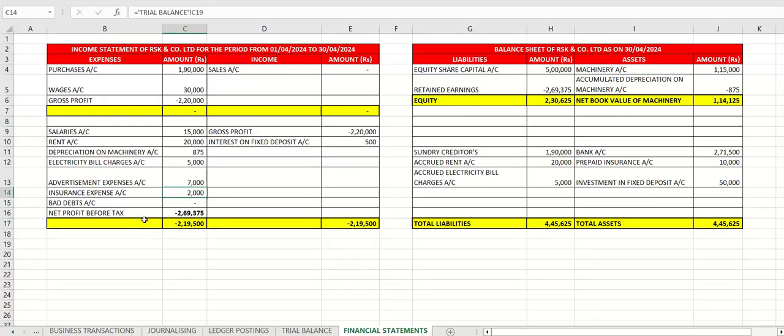If you take a look here, interest on fixed deposit is an income for RSK and Co. Due to that reason, we are crediting it as an income under the income statement. And investment in fixed deposit is primarily a fixed asset, sorry, a current asset. So due to that reason, we have been showing it over here.